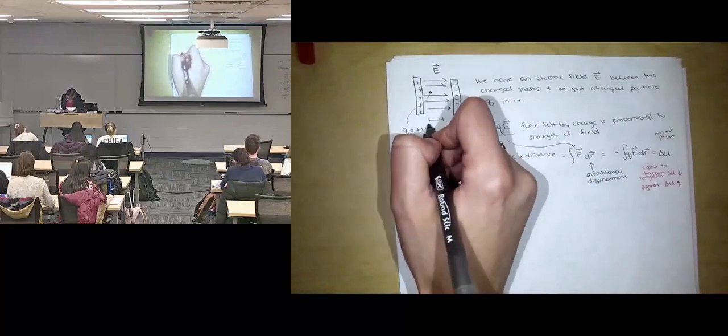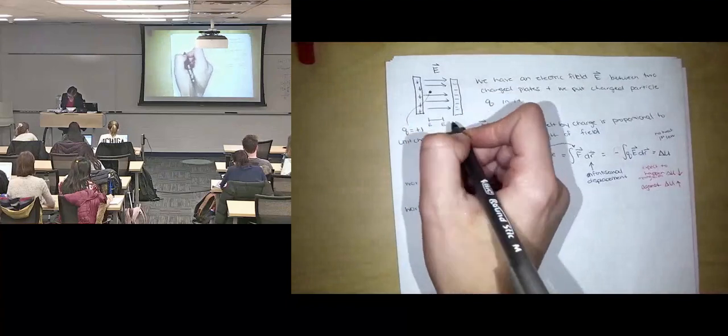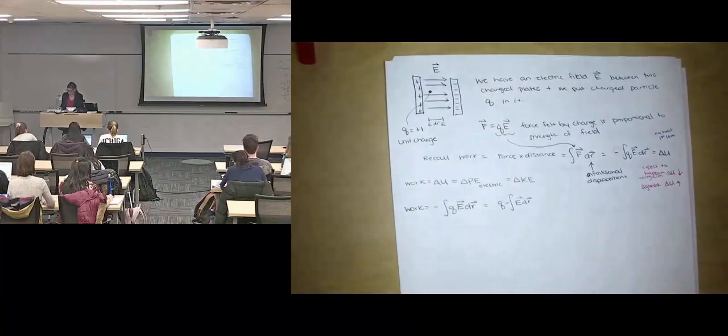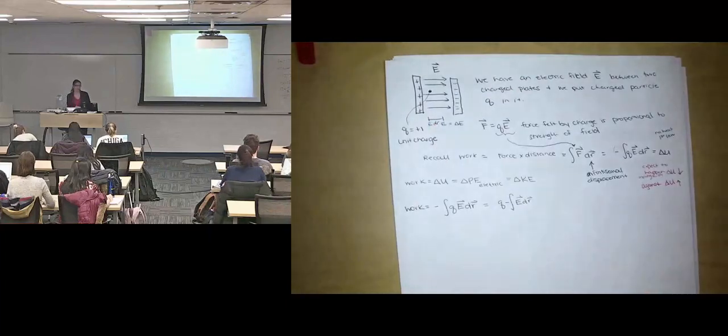If I move from E1 to E2, and this is the distance that I've moved, this is going to be given by the difference in my potential, or my voltage difference.